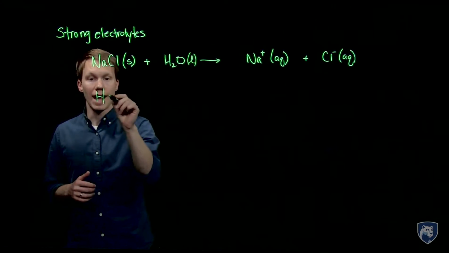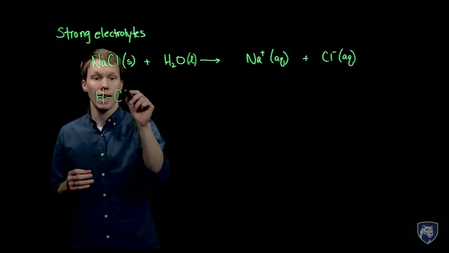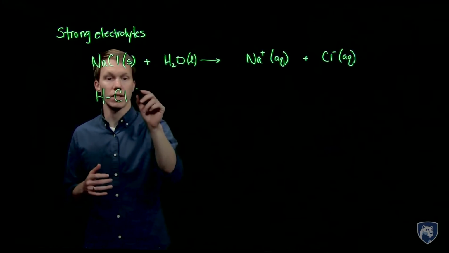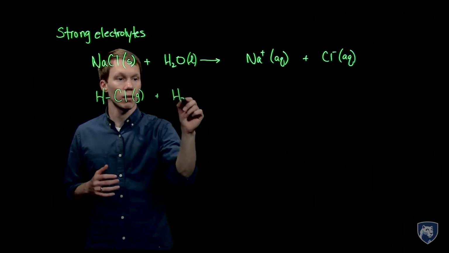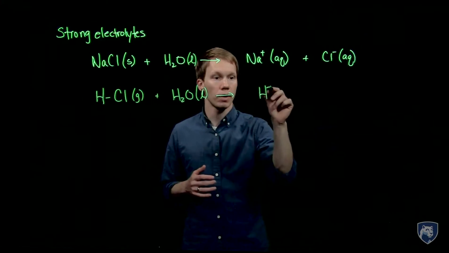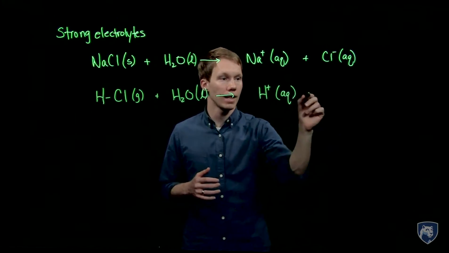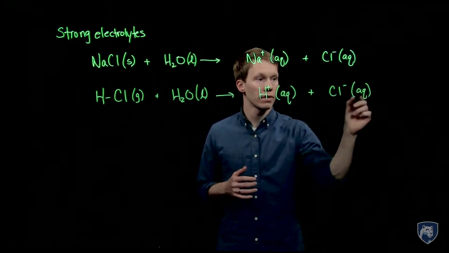Another type of strong electrolytes are the strong acids. So something like HCl, which is a gas at room temperature, mixing it with water as a liquid, will produce H plus aqueous ions and Cl minus aqueous ions.